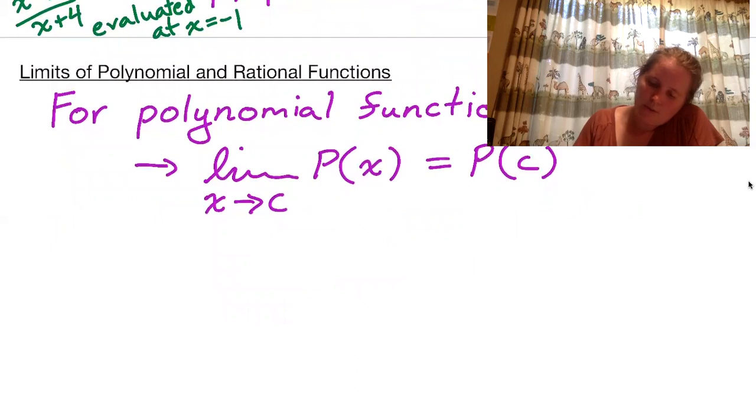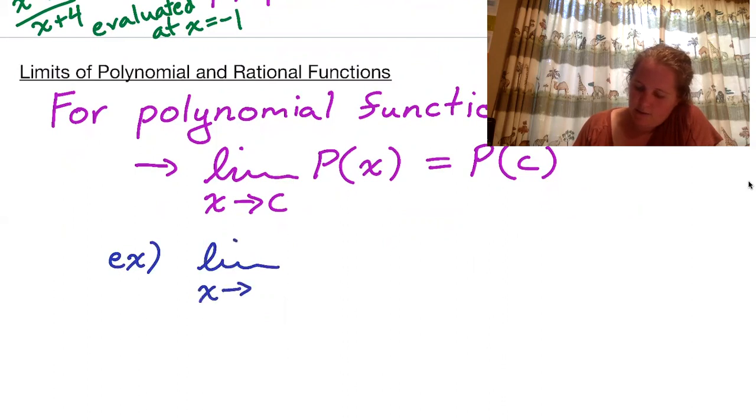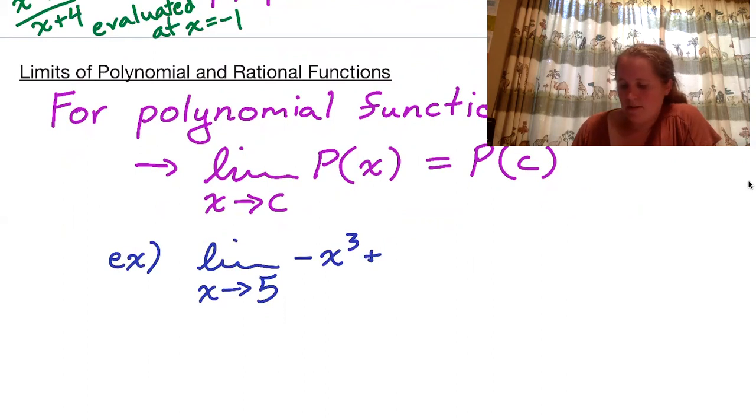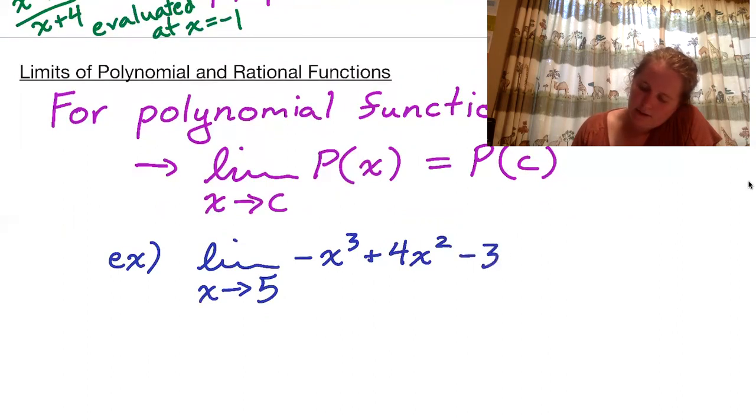So for example, if we wanted to take the limit as x approaches 5 of negative x cubed plus 4x squared minus 3x plus 1.